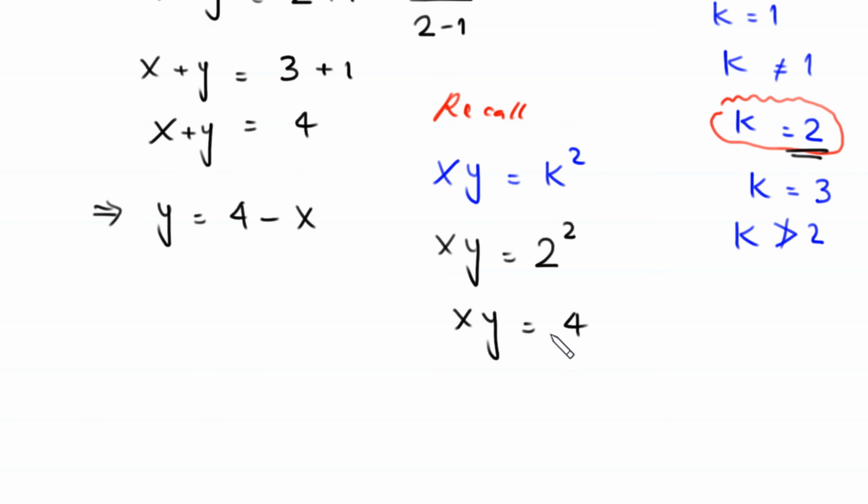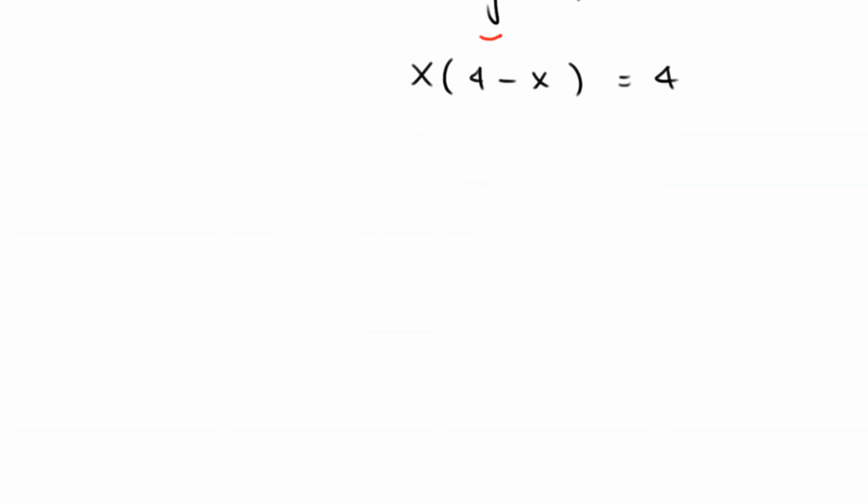So in this equation we replace this y with this 4 minus x, then this will become x times (4 minus x) equal to 4. Distribute this, x times 4 will become 4x, x times negative x is negative x squared, equal to 4.